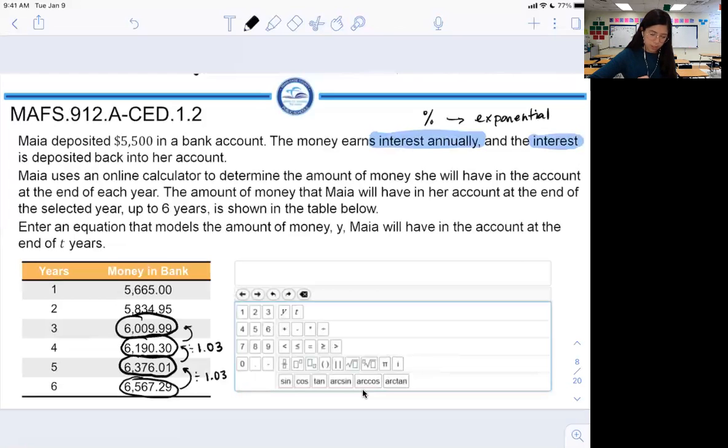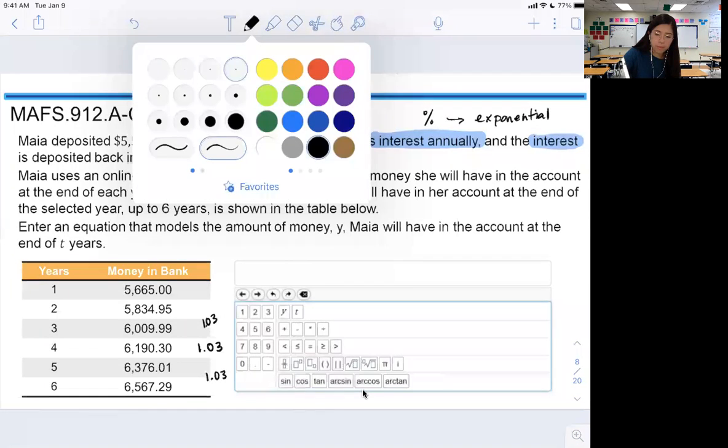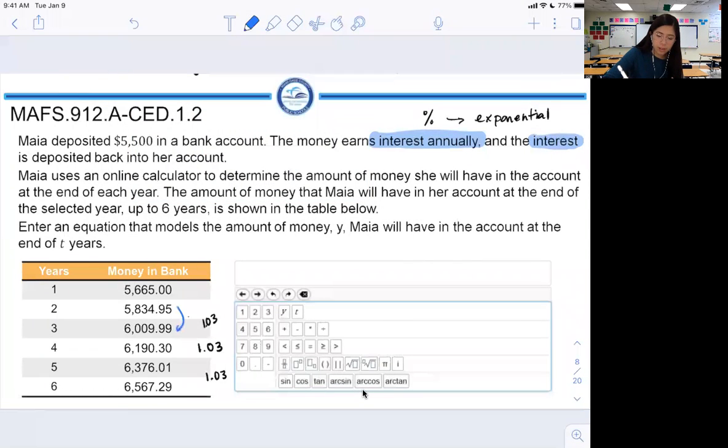So now I'm going to do 6,190.3 divided by 6,009.99. And sure enough, when you divide, you get 1.03 again. So clearly, since I divided to get those answers, what that actually means is that this is growing. The money is growing by 1.03 every year.